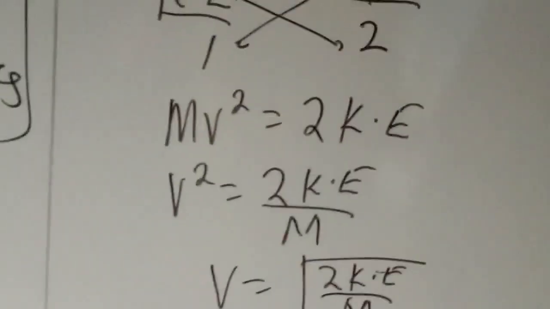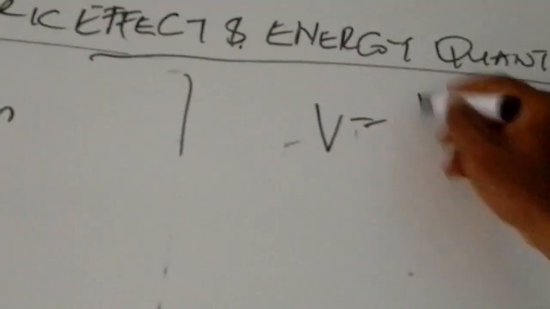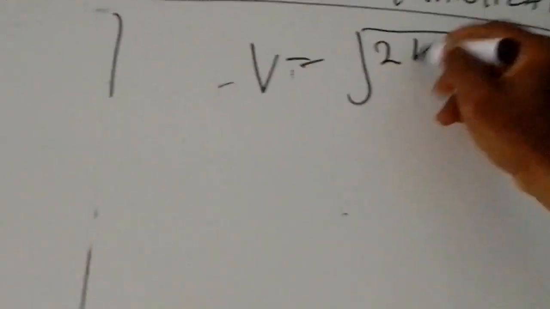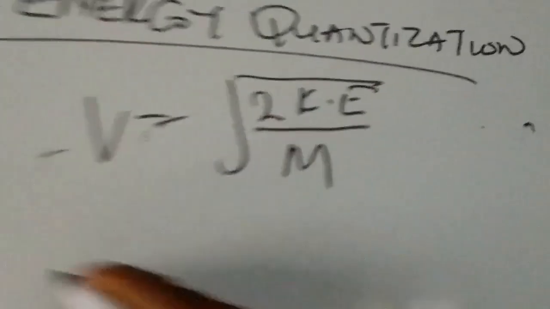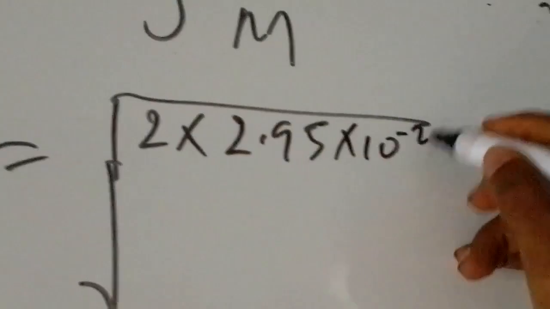So how do we solve it? We go up there and make our substitution. Velocity is the square root of 2 times the kinetic energy of the electron all over the mass of the electron. So we have 2 times the kinetic energy, which we got before as 2.95 times 10 to the power minus 20.